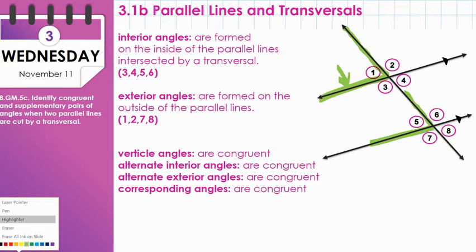And so all of the corresponding angles that are congruent are as such. Angle 1 is congruent to angle 5.